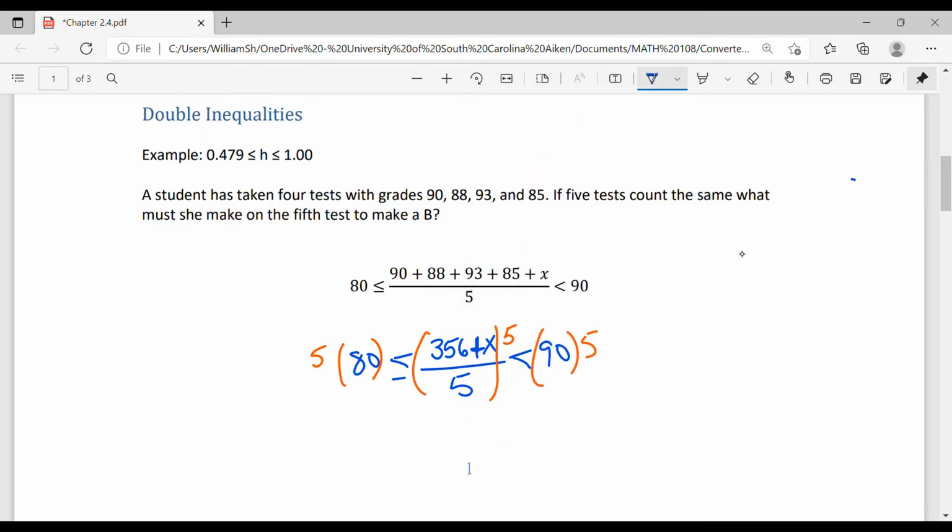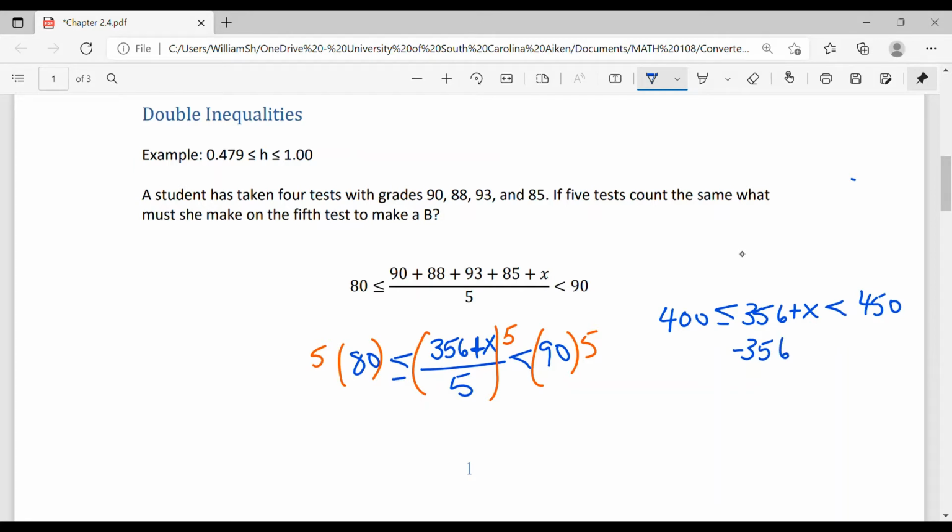Now what this will do is we'll get 80 times 5 is 400 is less than or equal to 356 plus x is less than, now 90 times 5 is 450. Okay, so what we will do now to get x by itself is we will subtract 356.